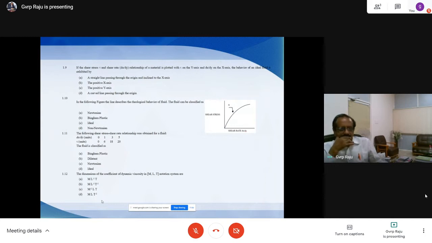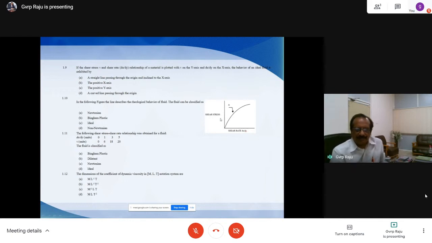1.9. If shear stress tau and shear rate du by dy of a material are plotted, with shear stress on the y-axis and du by dy on the x-axis. That is more or less a similar graph, so this graph is for this question, but the graph is the same.